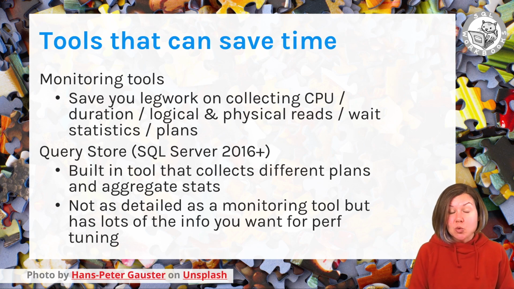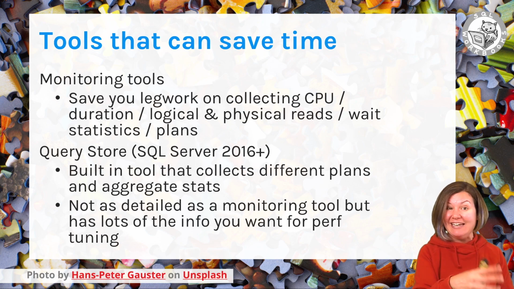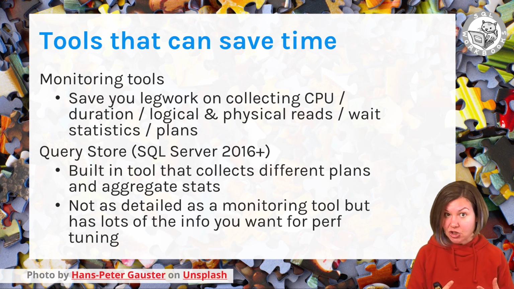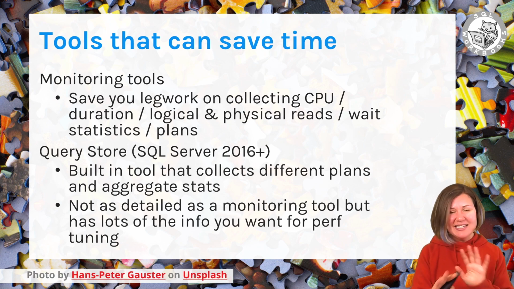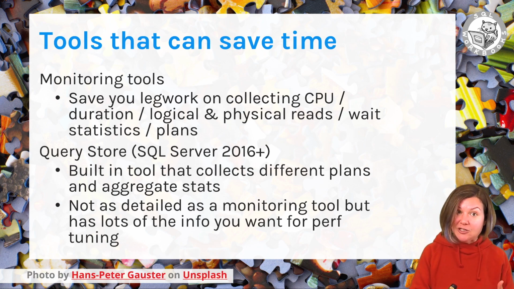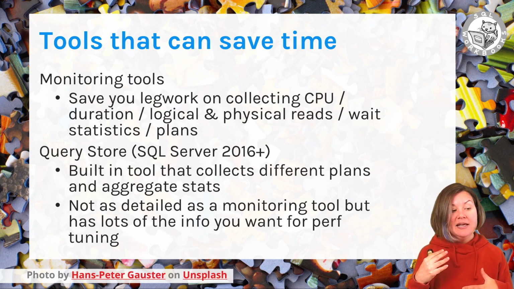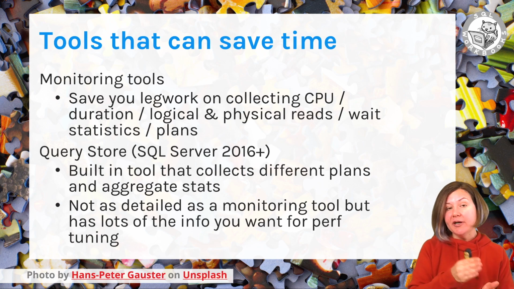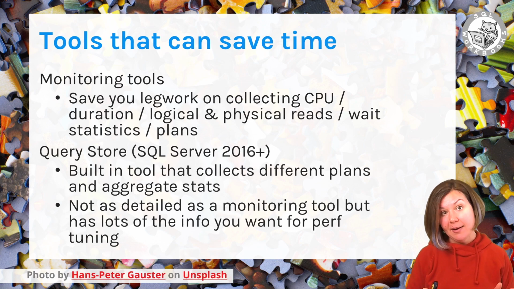If you have SQL Server 2016 and higher, the built-in Query Store feature that you can enable per database collects much of this information. A lot of it is in aggregate form. It's not as detailed. It is not a monitoring tool, but it has aggregate information that can help you figure out, hey, has this query had different execution plans over time?